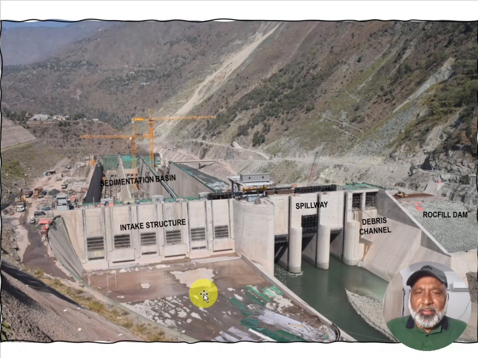The water impounded upstream in the reservoir will pass through these gates, and passing through the sedimentation basin, it will be collected into the collecting canal, and this collecting canal is connected with the underground headrace tunnel that will lead to a powerhouse for the power generation.